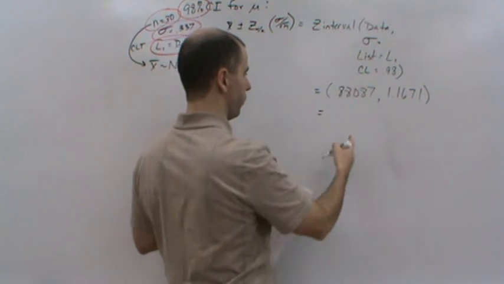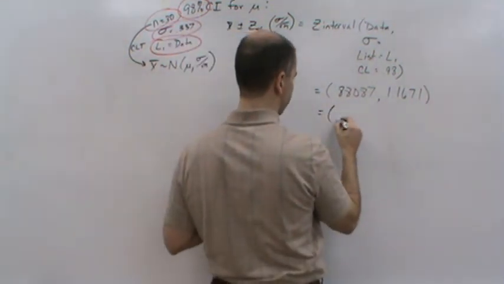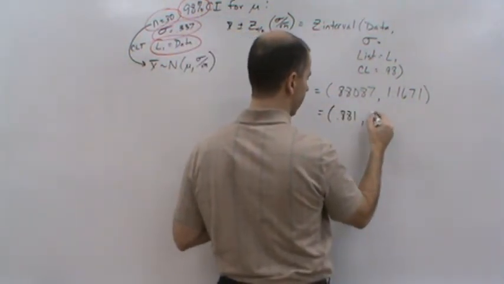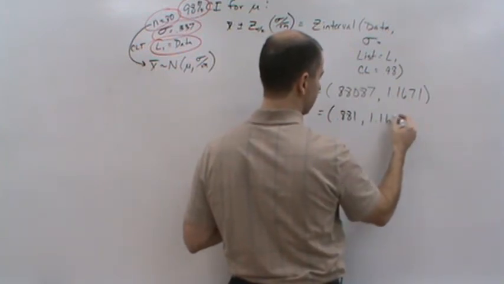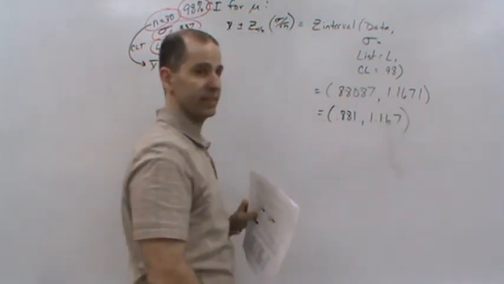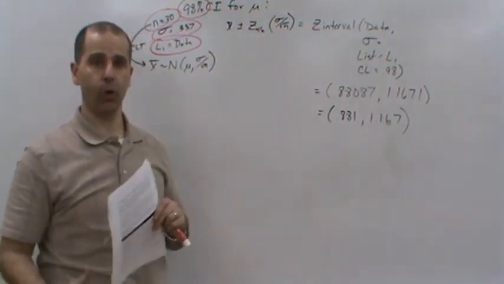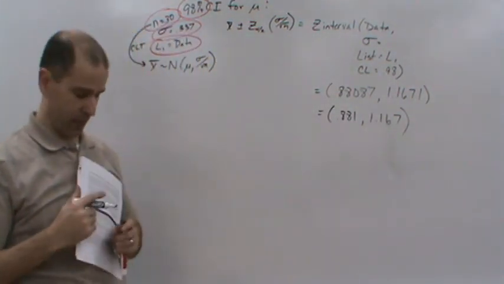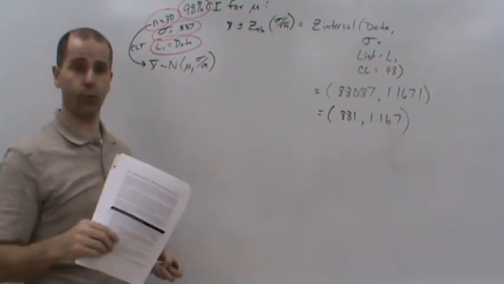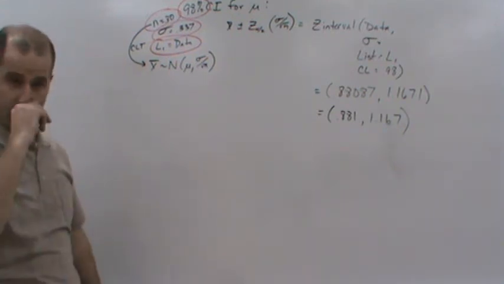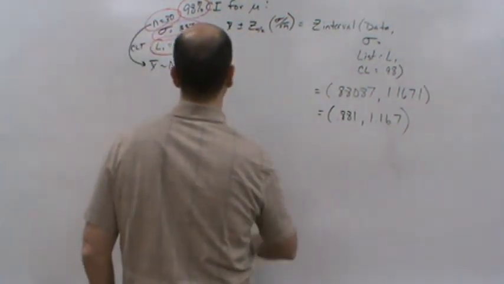Because if you round this, you get 0.881 and 1.167. So you get the same thing. So it doesn't matter which one you do, you get the same answer. So just make sure that you understand what's going on, whether you use a formula or the function on your calculator.